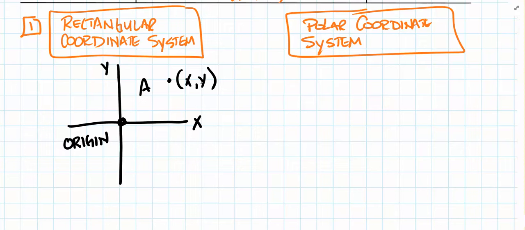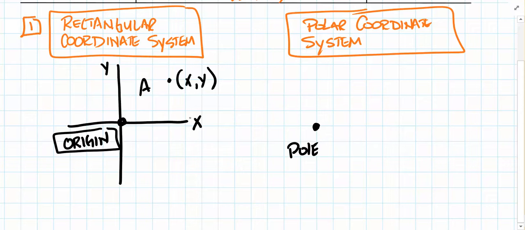All right, how does this then compare to the polar coordinate system? Instead of the origin, the polar coordinate system has a pole. We call that the pole. It acts like the origin, right?